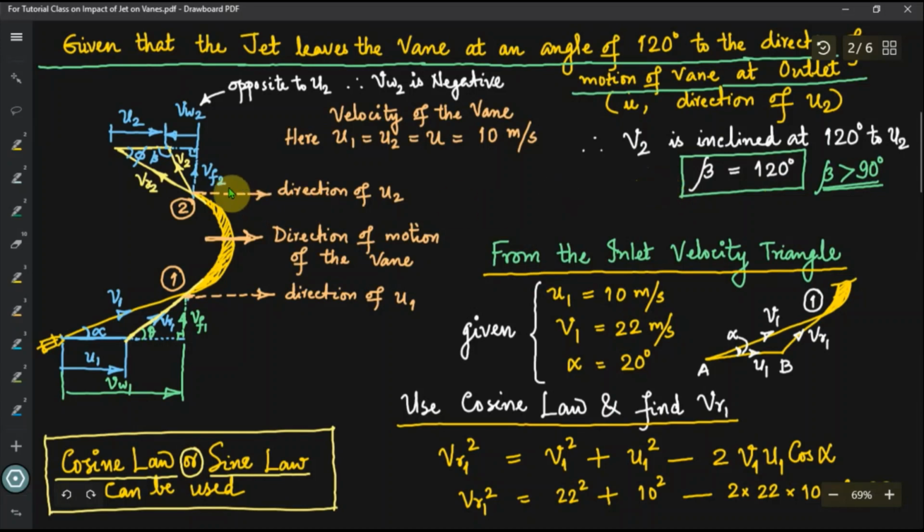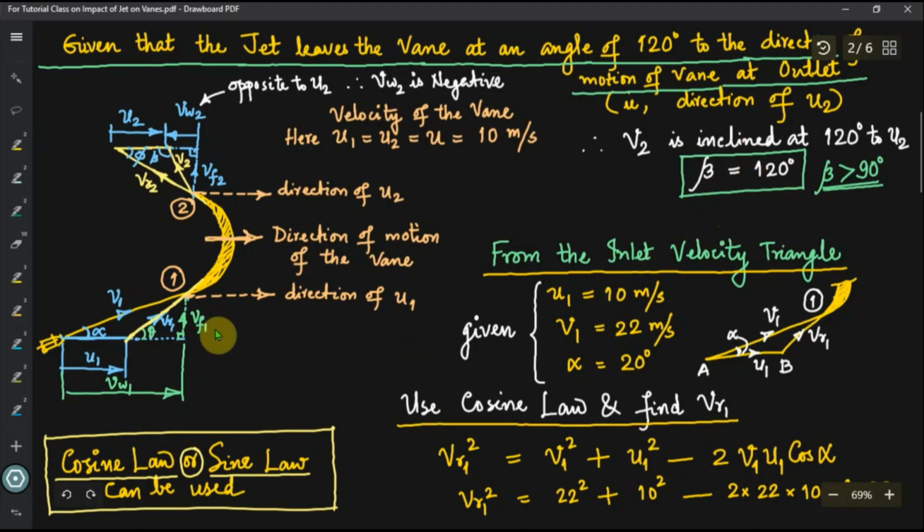So this is a third case of the velocity triangle we discussed at outlet. So this is the sample velocity triangle which you require in this case when VW2 is negative, since the direction of VW2 will be opposite to U2, and the reason for that is beta is greater than 90. Beta here is 120 degree.